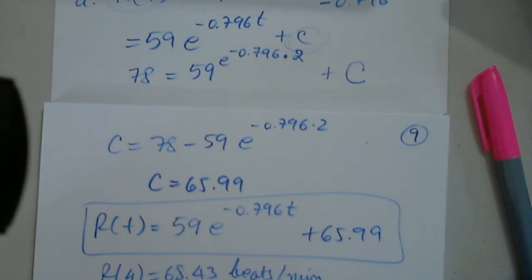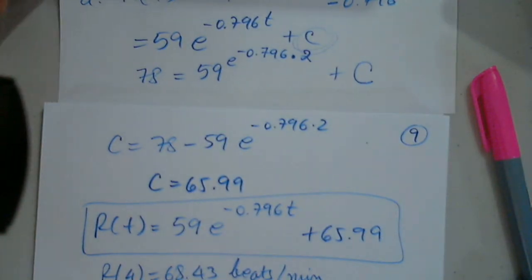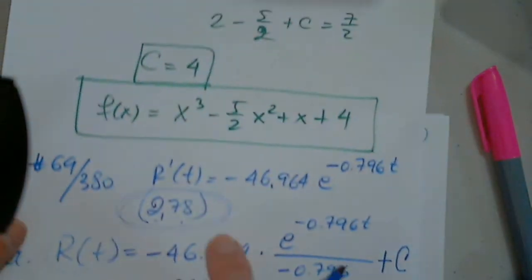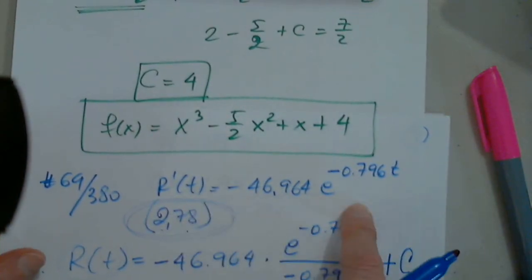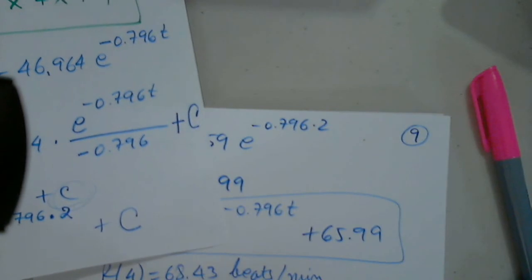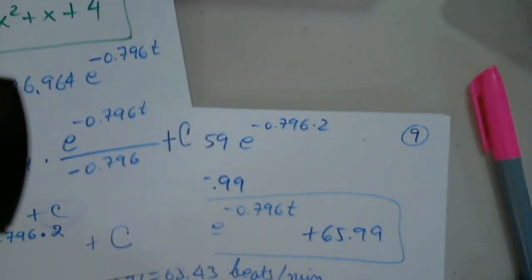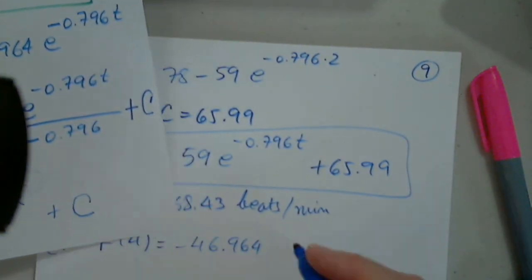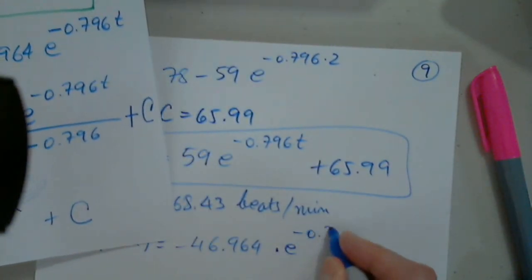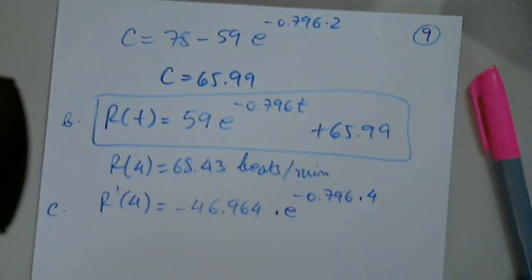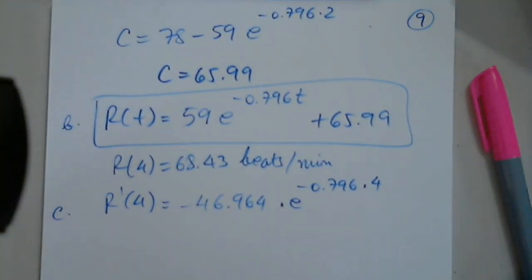Okay. So now I have to use, because it says the rate of change, so this was part B. So in part C, they want us to plug in here to see the rate of change, to plug in 4. So r prime of 4 will be negative 46.964 times e to negative 0.796 times 4. So let's see. I'm going to share my screen.